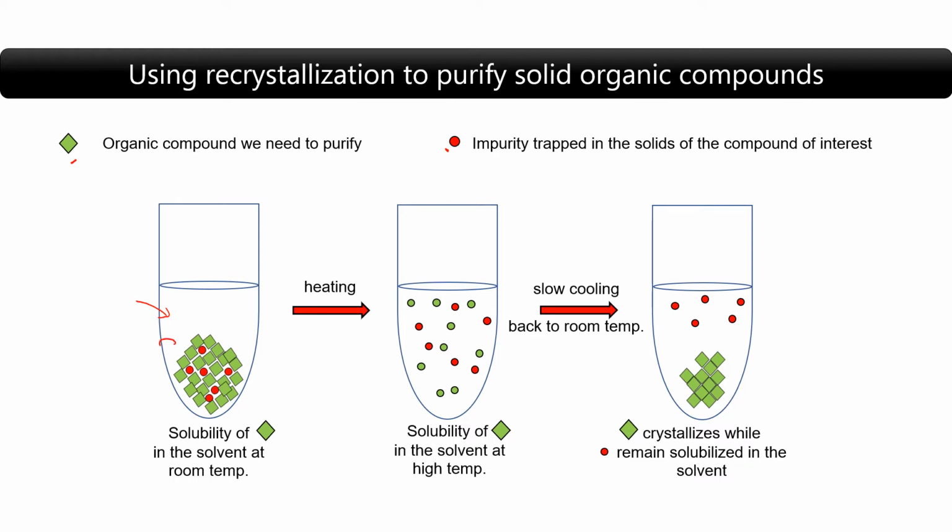So you can see that this is a crude product. However, when we heat the solution to a higher temperature, the solubility of the green crystals increases in this particular solution. So the green solids dissolve, and those impurities that were trapped in the crude solid are going to be released into the solution.